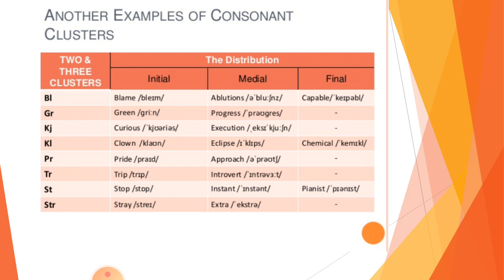For example, the word mustard has the letters S and T coming one after the other, but the corresponding sounds do not form the consonant cluster ST because they are parts of different syllables. So this is all about consonant clusters. Thank you.